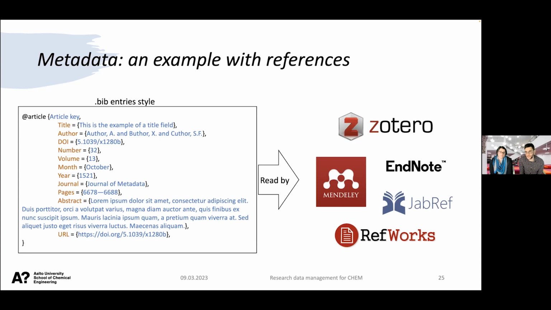Then you can create any references in your articles by using the article key. So you have a library, and this library is very organized. And the same thing can be used in data sets, okay? So this is the basic information.